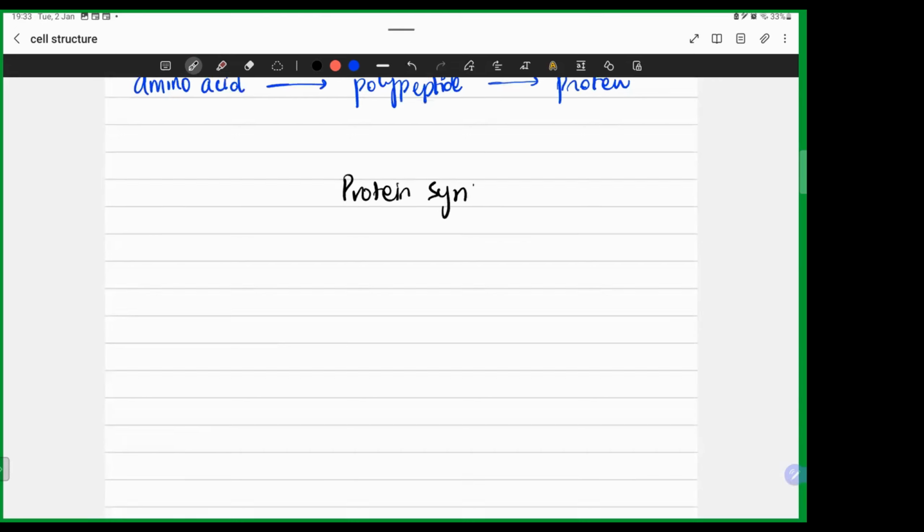So we can say that we have protein synthesis. And how does protein synthesis occur? Protein synthesis occurs in this manner. We have DNA, basically. Then that DNA is transcribed into an mRNA. Okay? And only this transcription process occurs inside the nucleus.